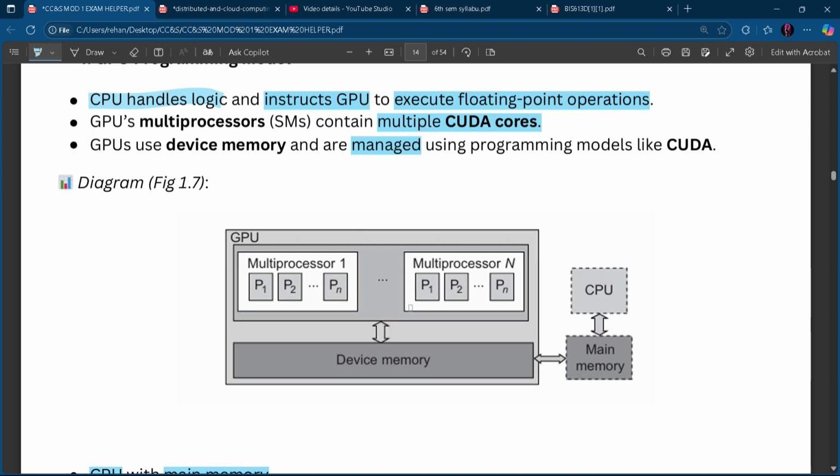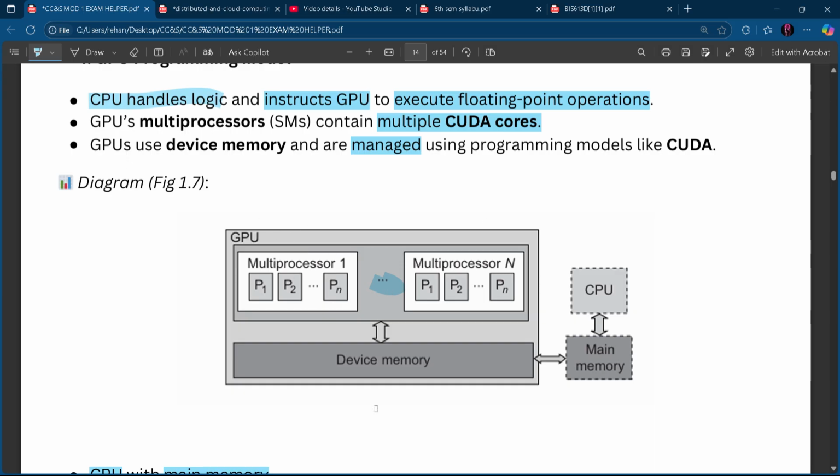You can extend this diagram by drawing one more box. These multiprocessors communicate with the device memory, sharing with it, and the device memory is shared with the main memory. The CPU handles the main memory, and the main memory handles the device memory, which interacts with the multiprocessors under the GPU.